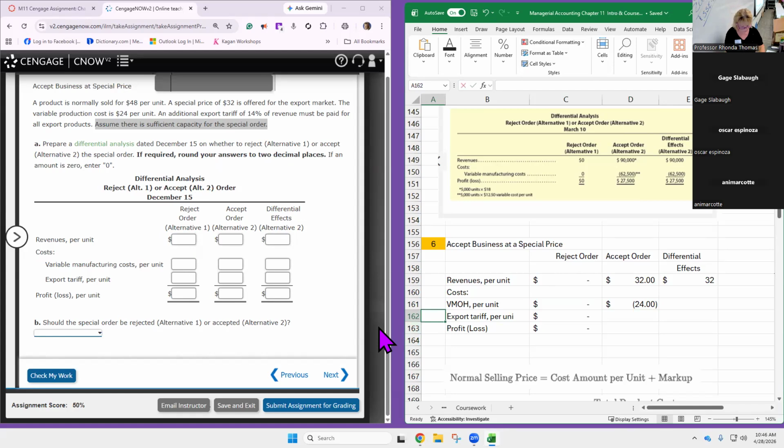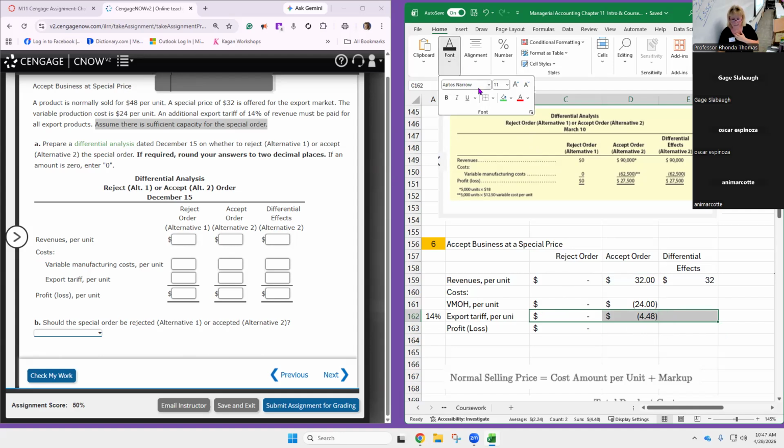So I'm going to put 14% in this little box here, and we'll take the sale times 14%, $4.48, and this needs to be added as a cost. Okay, so now we're going to find out what, okay, we want an equal sign now.